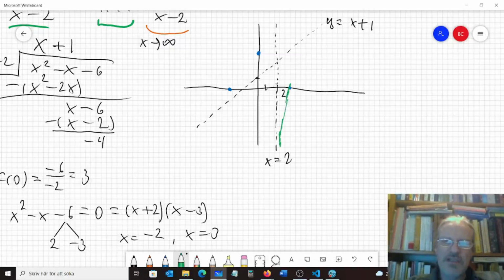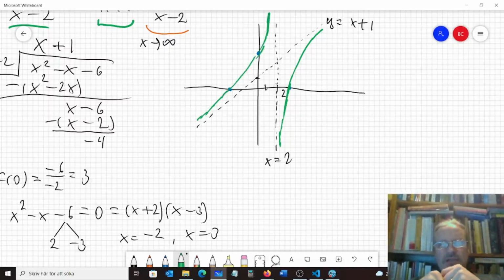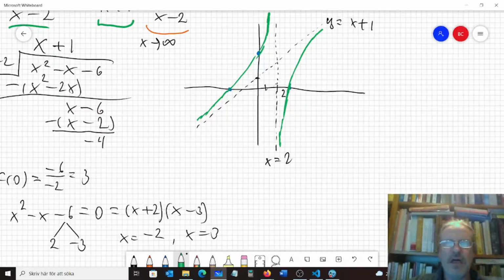It will reach this point and then have the x plus 1 as an asymptote. On the other side, it will come from here, go through that point, and up, sweeping towards the asymptote from that direction. So that will basically be the graph. And we have this oblique asymptote, and we also have a vertical asymptote.